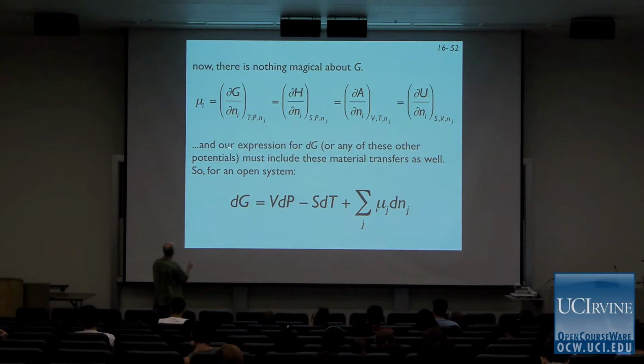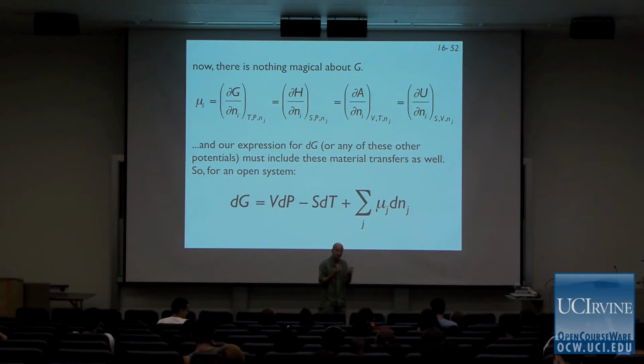Now, our expression for dG. We've encountered this expression for the Gibbs energy before, but to generalize it for open systems, we have to include the possibility of fluxes of material in and out of the system.